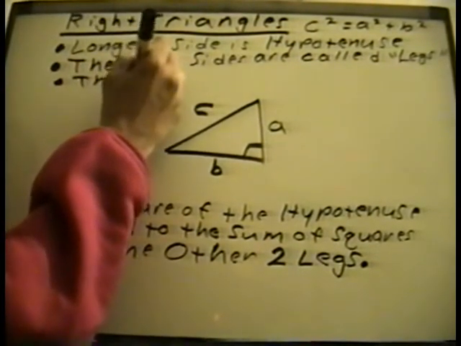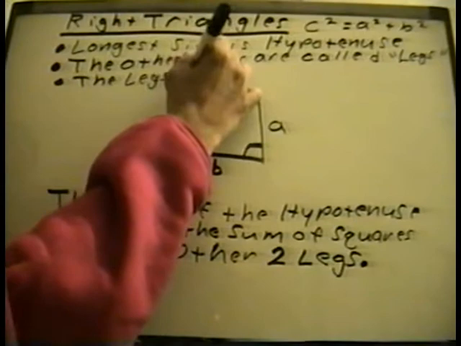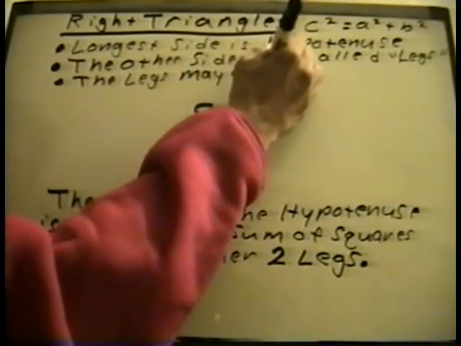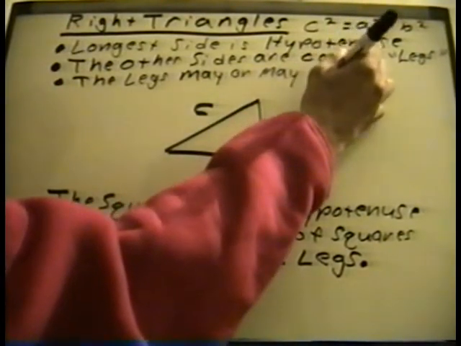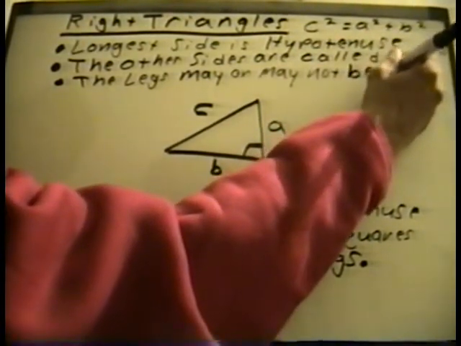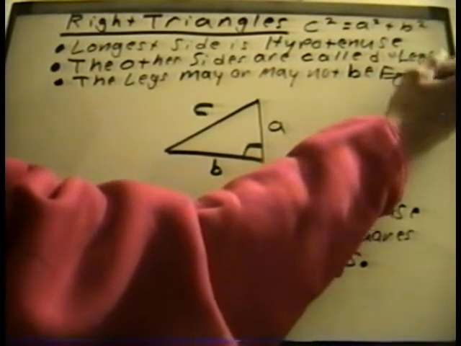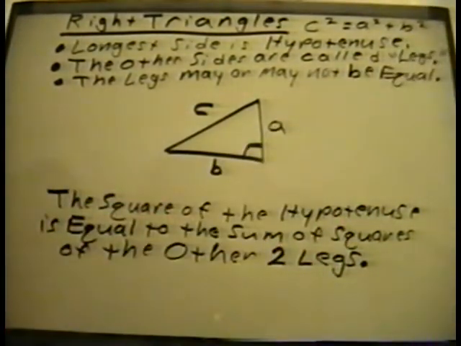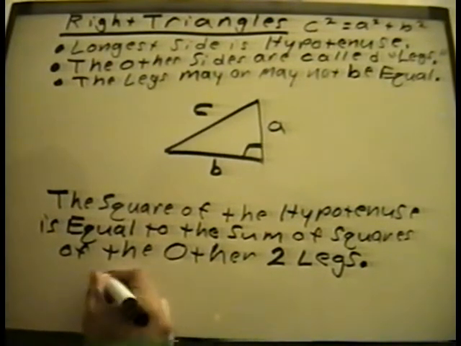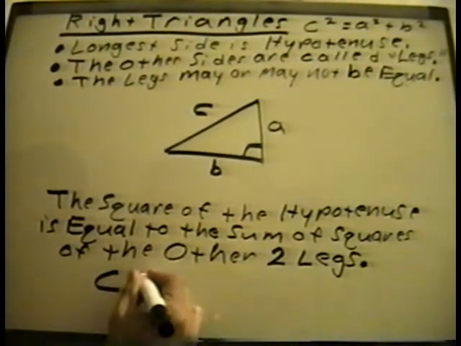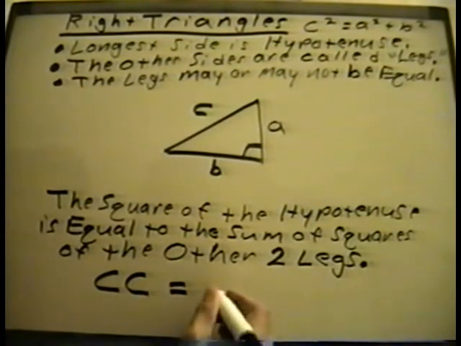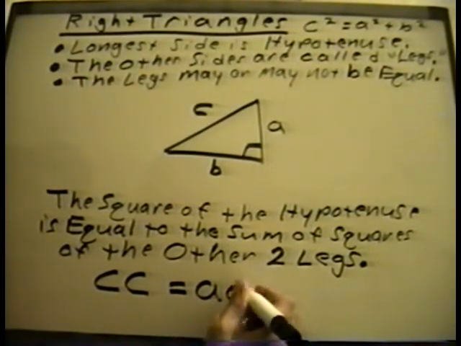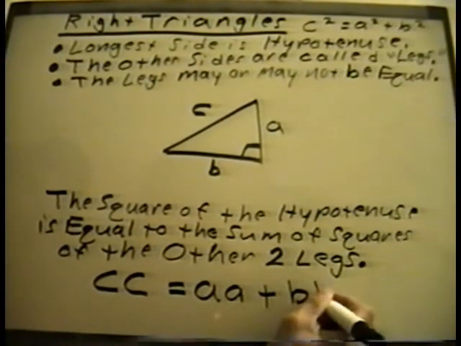In a right triangle, the legs may or may not be equal. Okay, so this formula states that the square of the hypotenuse is equal to the sum of the squares of its other two sides.